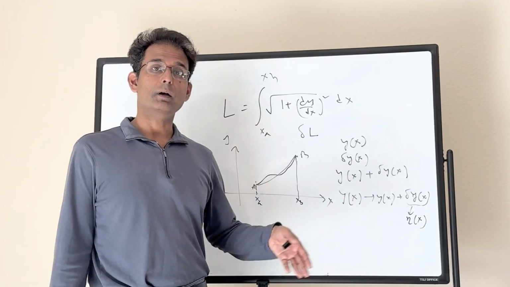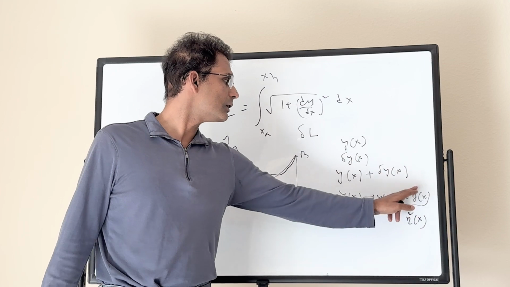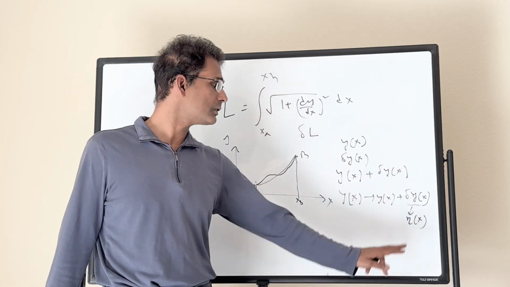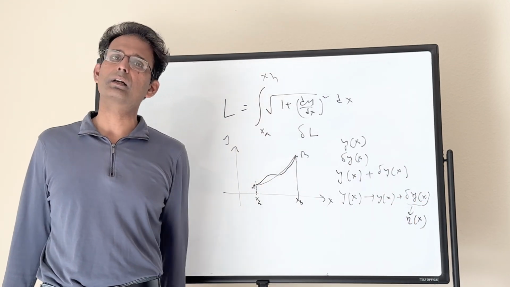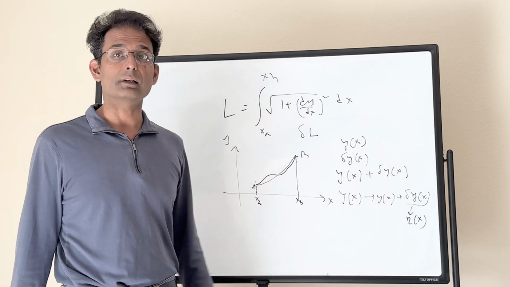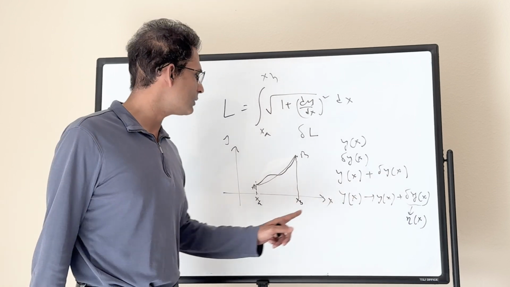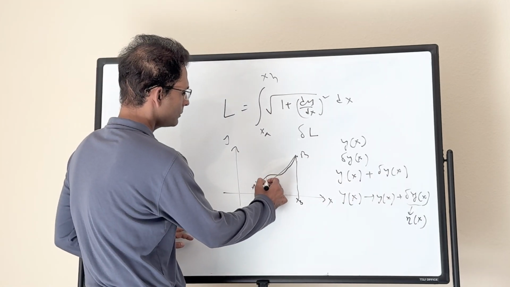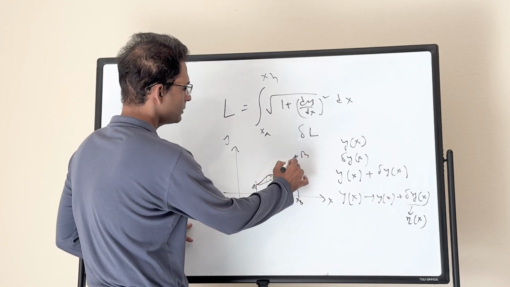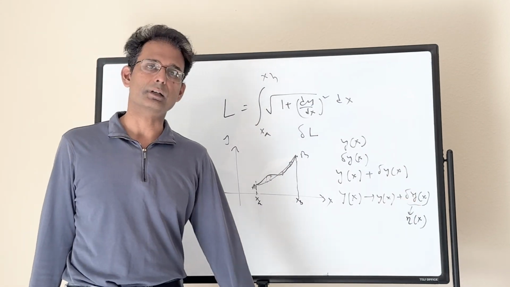But in this video, I'm not going to use eta(x), I'm going to use this delta y symbol because this is what you will find mostly in the literature on path integrals or on variational calculus. Delta means really the variation, this small variation about the optimal value. It's a change, that's why we're using delta.